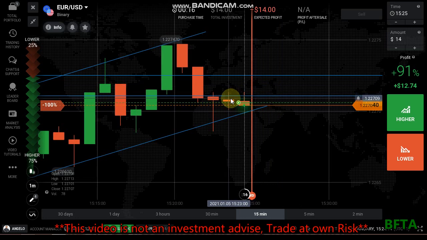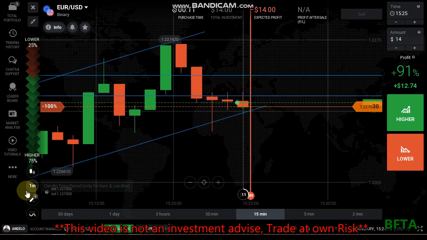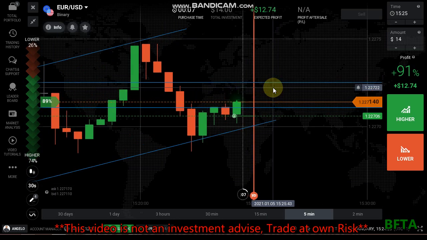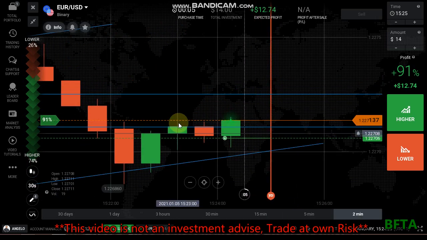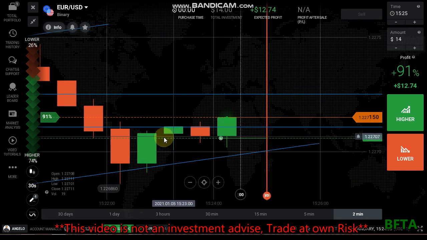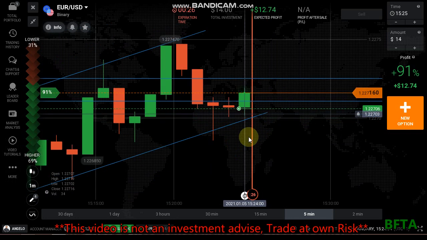I'm confused here why sellers still entered here. Check on 30 seconds. Okay, hammer candlestick. Oh, that is the reason why sellers entered. Hammer candlestick. So here buyers must enter.